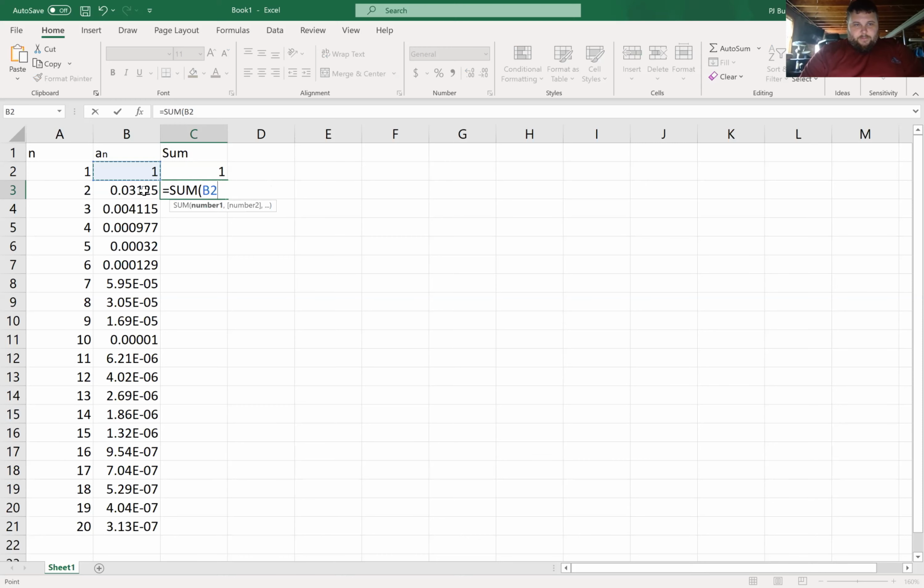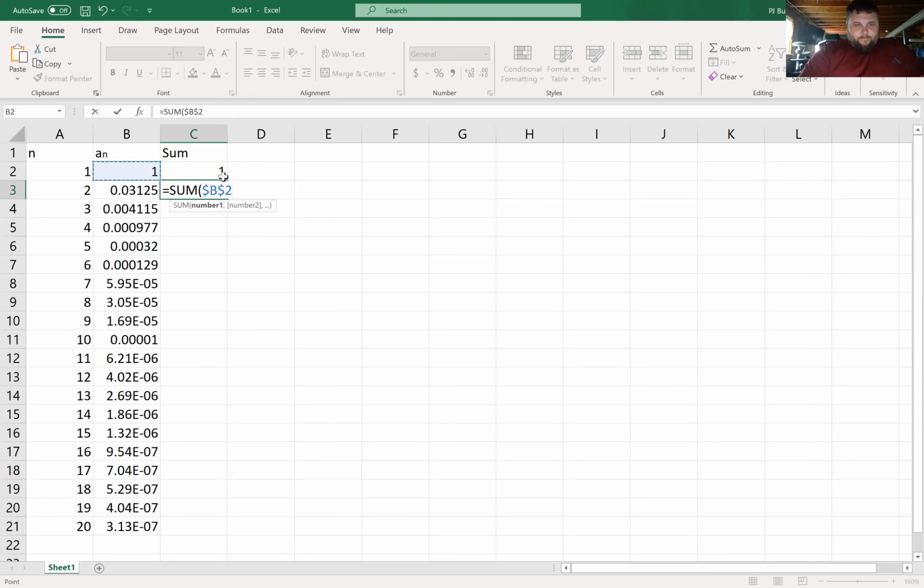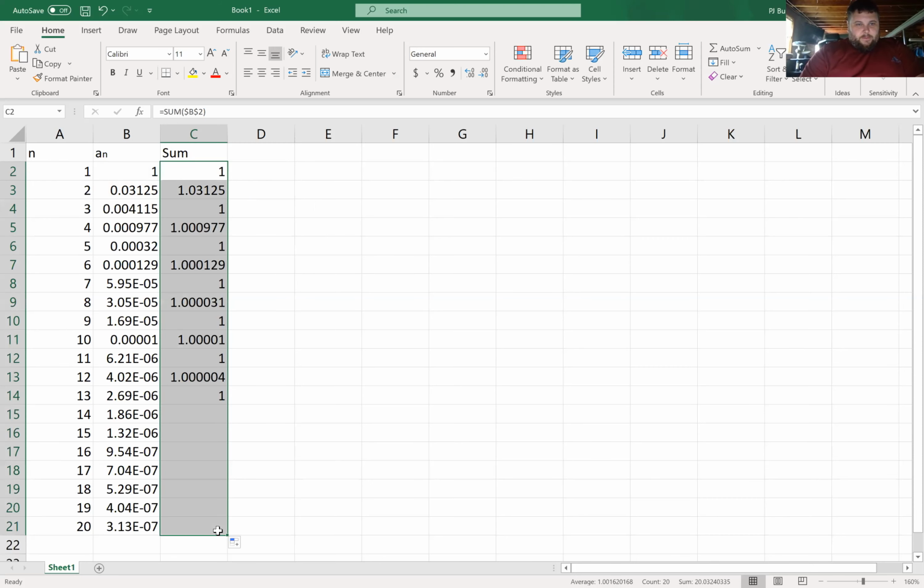What are you doing here, computer? I don't want these to be the same. There we go. Let's see if that's enough to get it to do it properly. Nope.